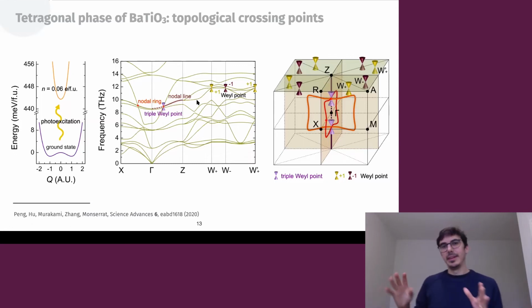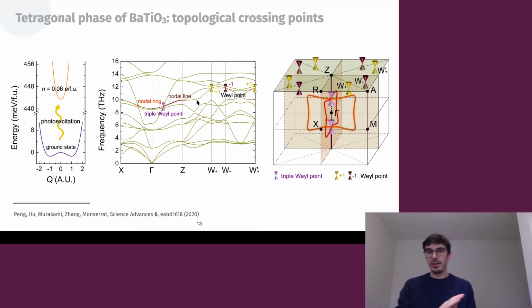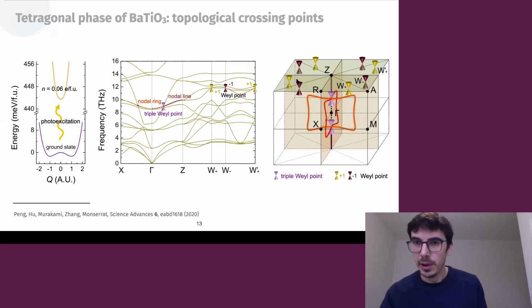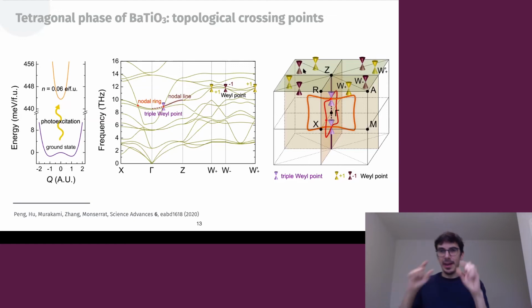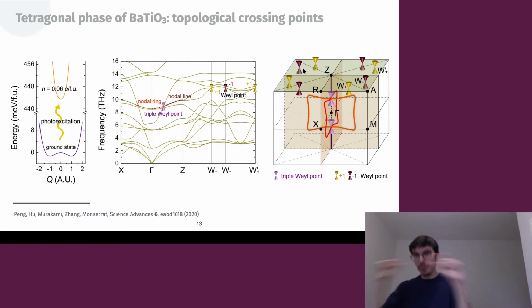So as I said, crossing points in 3D are rather robust, and that's what we have here. So for example, at the very top of the Brillouin zone, we have these cones, which are yellow and sort of brownish. And each of those cones corresponds to a Weyl point, so a topologically protected crossing point in the phonon dispersion.